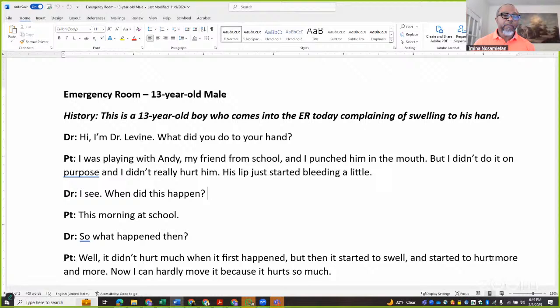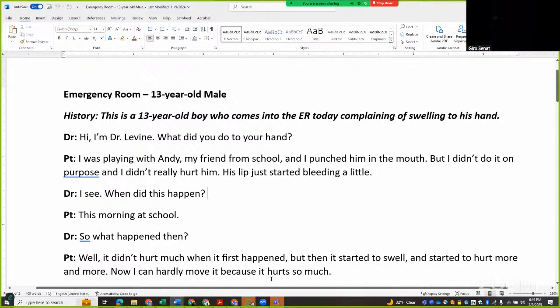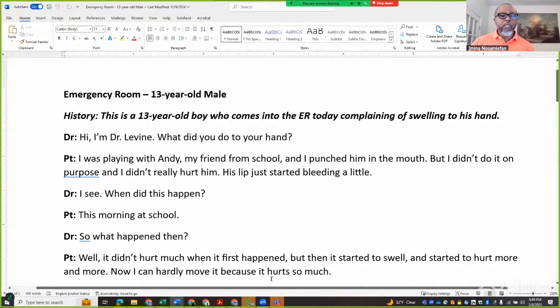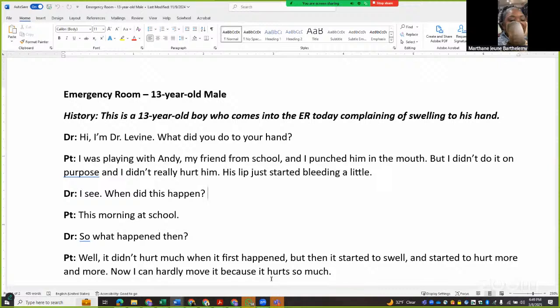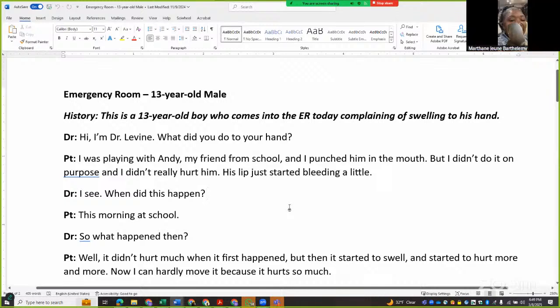No, you don't read. As a matter of fact, you shouldn't be looking at the screen. Interpreter, you shouldn't be looking at the screen. Turn the screen away so you're not seeing it, or I don't know what you'll do. He's the patient, but it's already in English, so don't look at the screen.